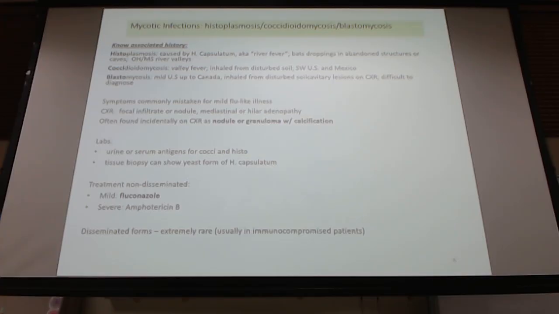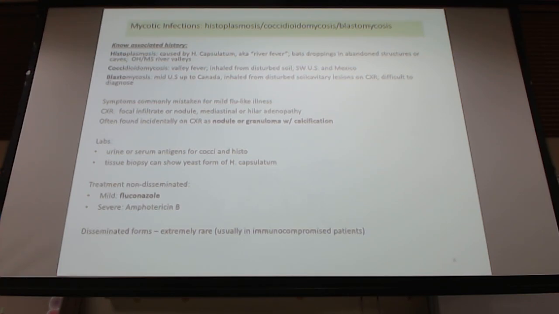That'll be the clue. I want you to think coxy. Blasto is going to be the other one. I don't really test much on that. It's just to kind of complete the list. It's just another mycotic infection. There's nothing crazy distinguishing. So those are going to be your clues, right?